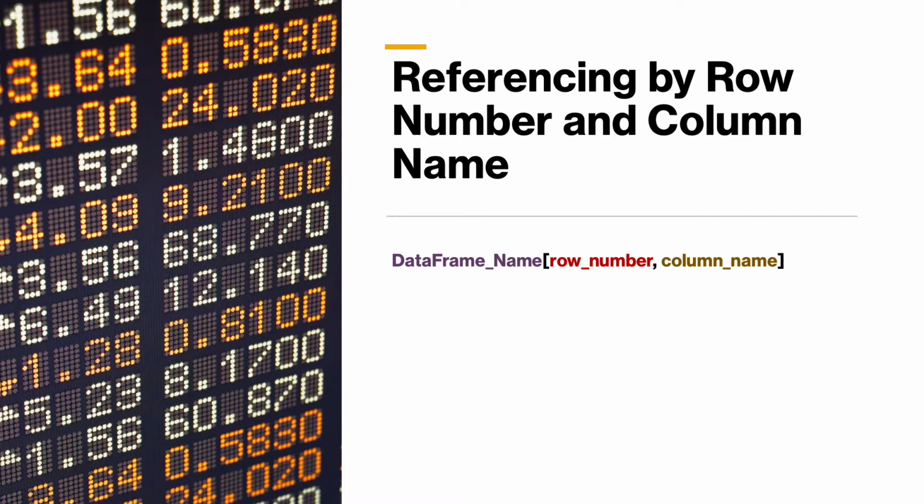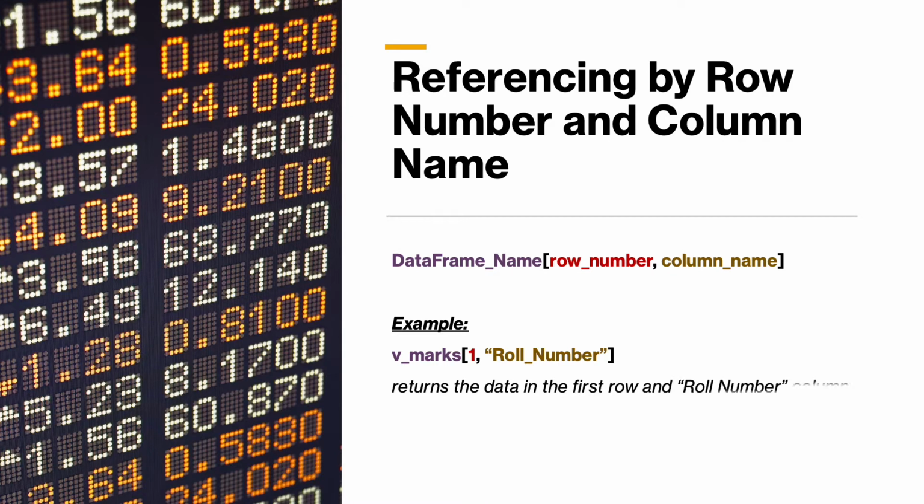Instead of the column number, I can give the column name and close the square brackets. So we see an example. In our data frame v_marks, I could have given v_marks within square brackets 1, comma, within quotation marks the column name, that is roll number. If I do this, it will give me the roll number of the first row in the data frame.